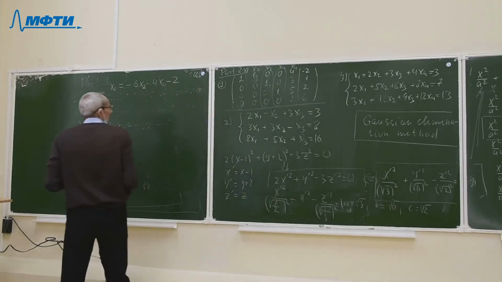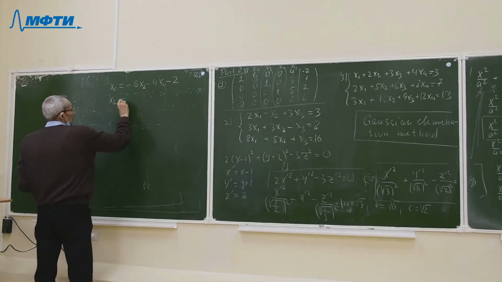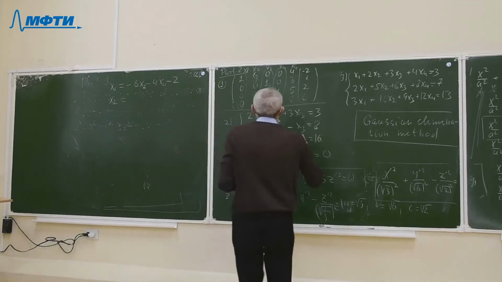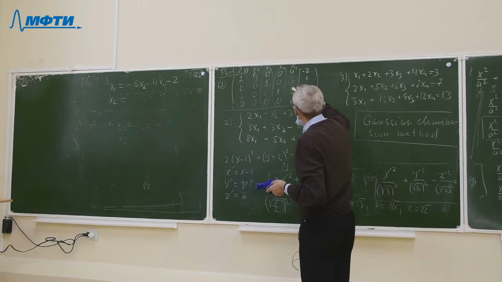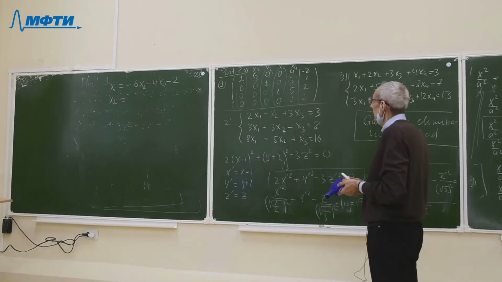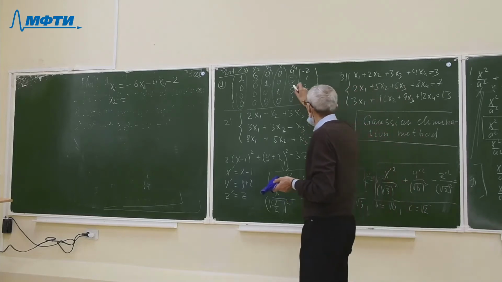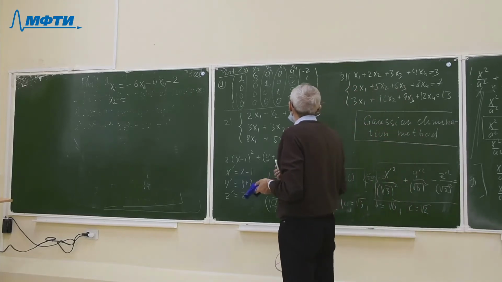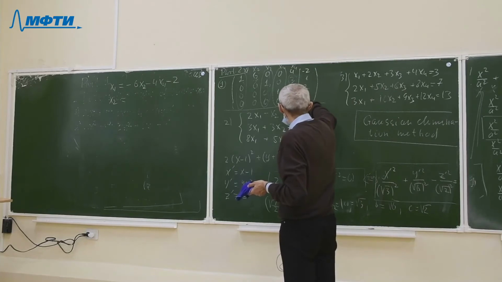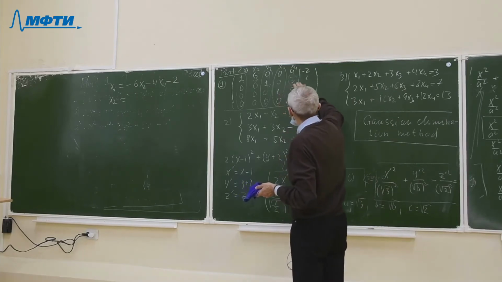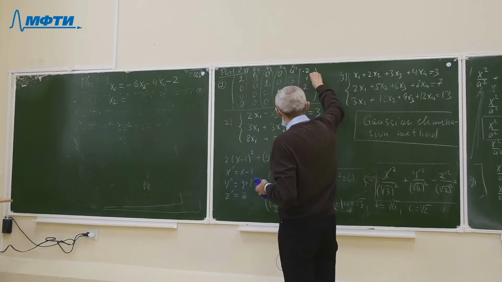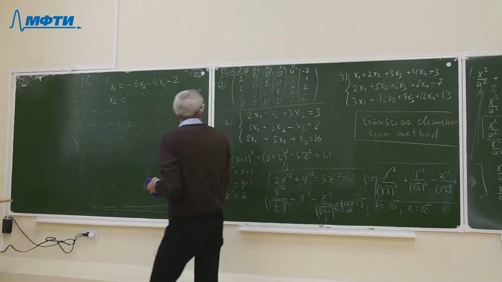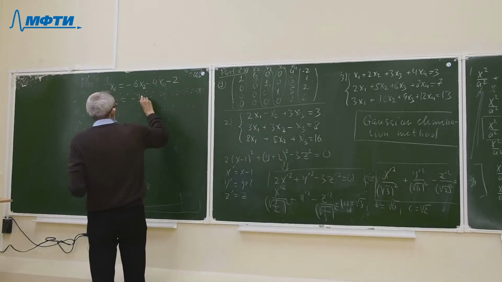And the second row, x2 is equal to: we have independent variable x4 with non-zero coefficient, and when we shift this variable to the right side, we obtain minus 3x4 plus 1.